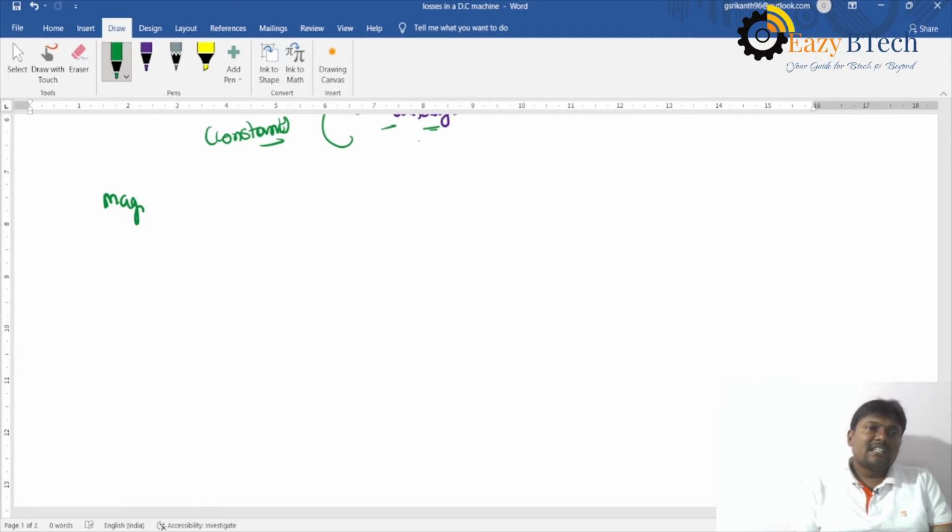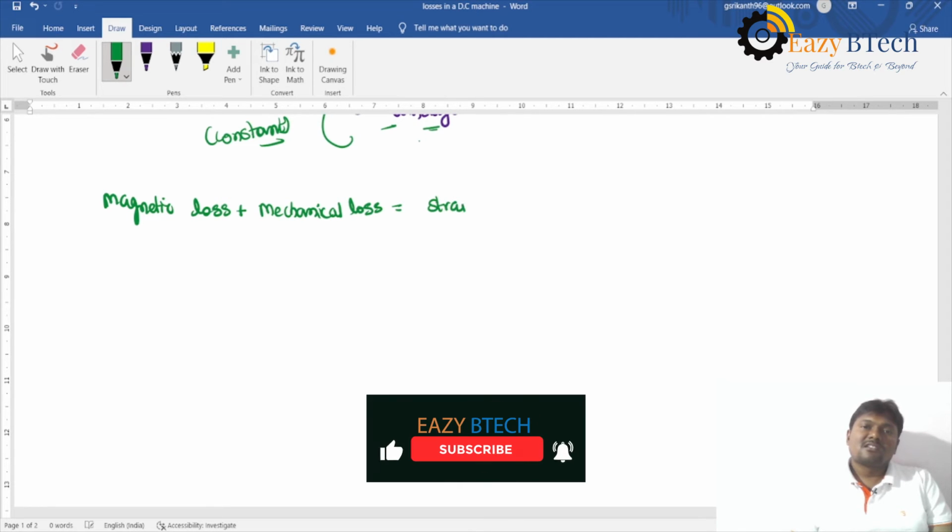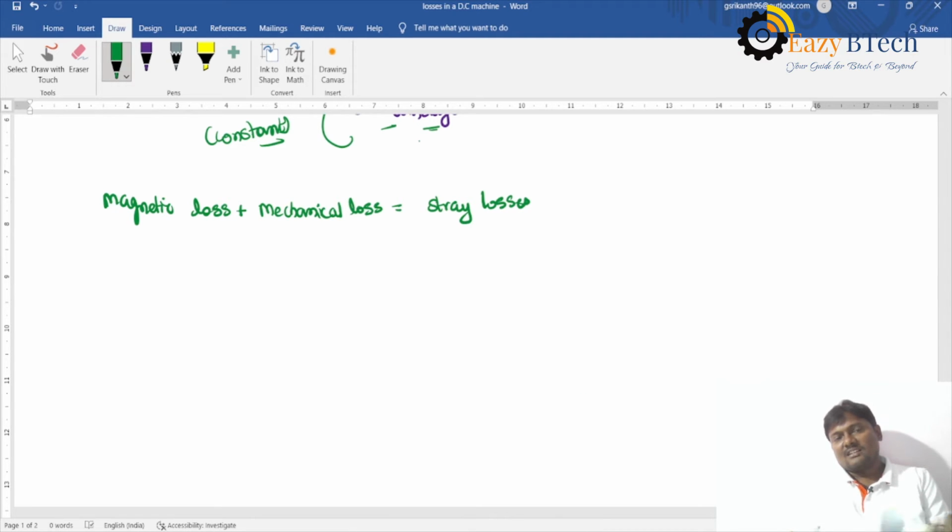Magnetic loss plus mechanical losses is equal to stray losses.